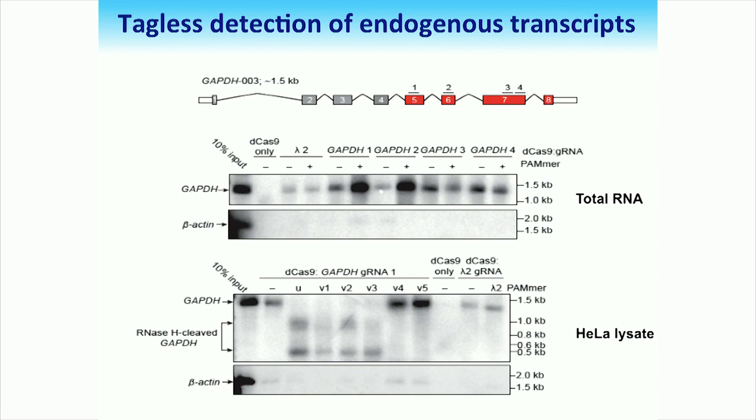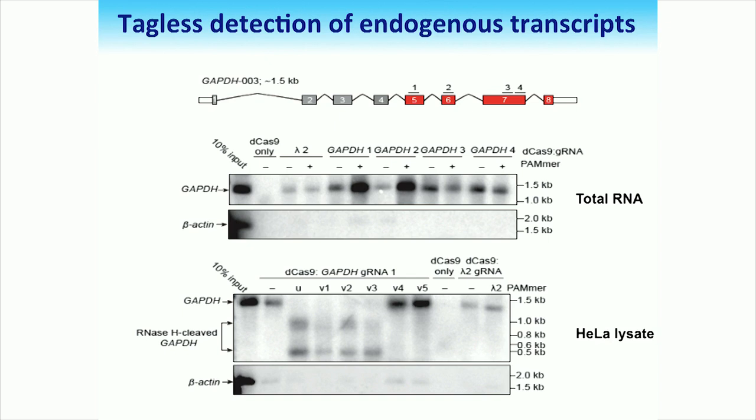Then the experiment was to use the strategy I illustrated on the last slide to isolate these transcripts. We tried it with 4 different versions of guide RNAs targeting different places along the transcript, and tested it with and without a PAMmer oligonucleotide. This is just a blot that shows the amount of RNA that was pulled down in each experiment.